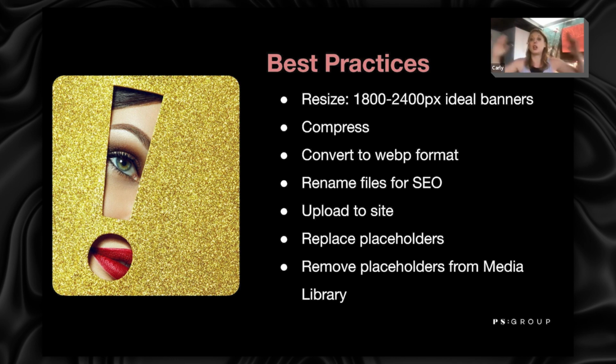So you don't want to constantly have these 2400 pixel images being used on a mobile where it's 350 pixels wide. The amount of time it takes to squish it and compress it and reduce the size is going to take up time. It's going to bloat your website.